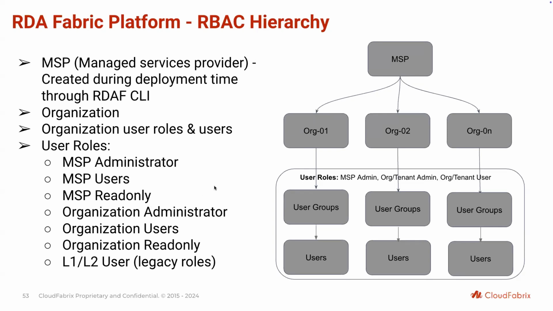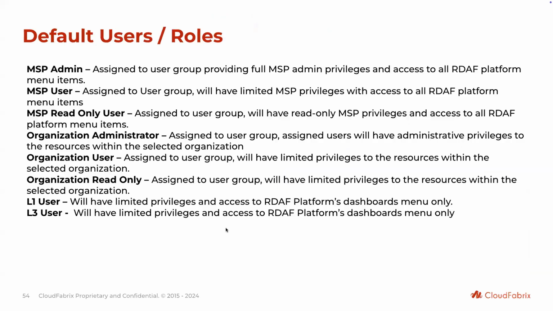When it comes to user roles, these are some of the out-of-the-box user roles that the system provides, like MSP administrator, MSP users, MSP read-only, and similar permissions at the organization level. Along with that, we have a specific user role for API users as well. We have MSP admin, which is a super admin.